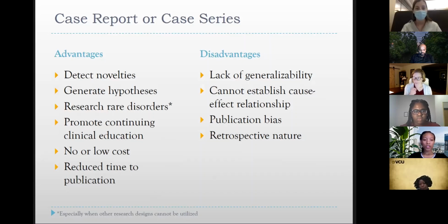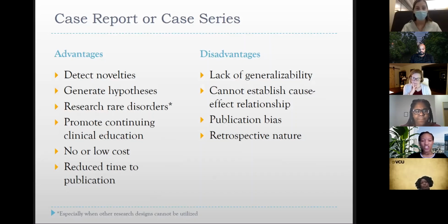And these are no cost or low cost studies. Generally, you just have to get the permission of the individuals you include in the study, do an IRB, and then you may have to pay some publication fees, but overall the cost is very low compared to other study designs. And then there's also reduced time to publication.